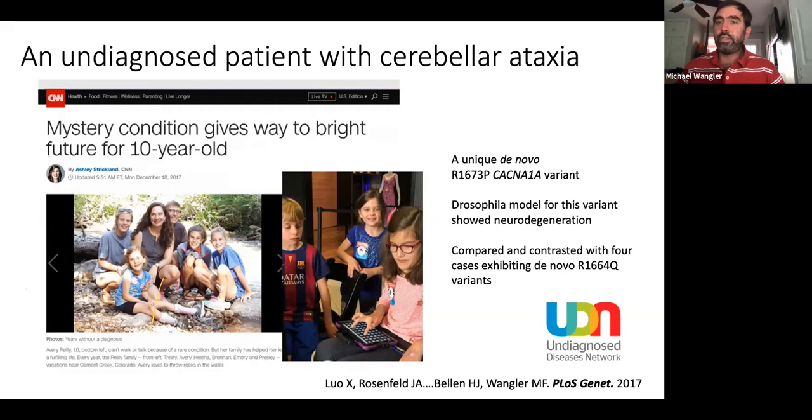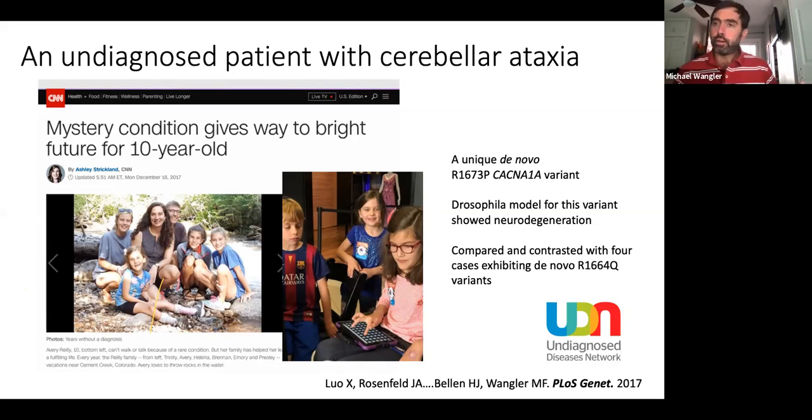So the CACNA1A gene is actually a well-described disease gene, but this was a really interesting variant in the fly in that we actually found degeneration that was pretty specific to this variant. And we saw some features in this patient that were unique for her, even though she had a lot of features reminiscent of the well-described disease conditions for CACNA1A.